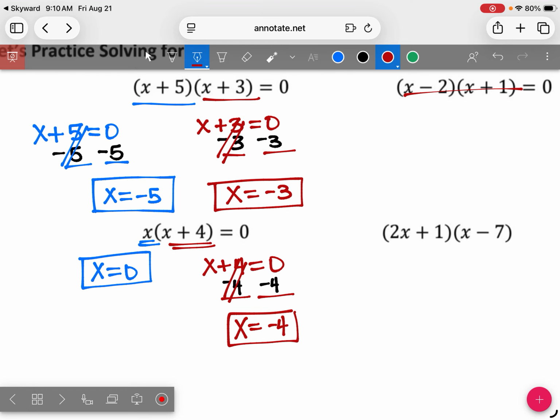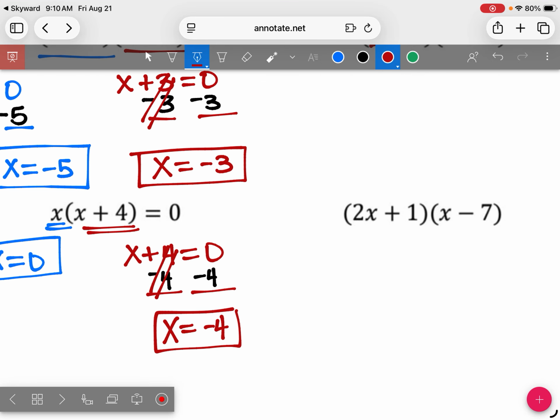Now, when we look over at this one, this has a fraction for a solution. That 2x plus 1, set that equal to 0. We have to do two things to solve that for x. So for this one, we would have a fraction, or you can also write it as a decimal.